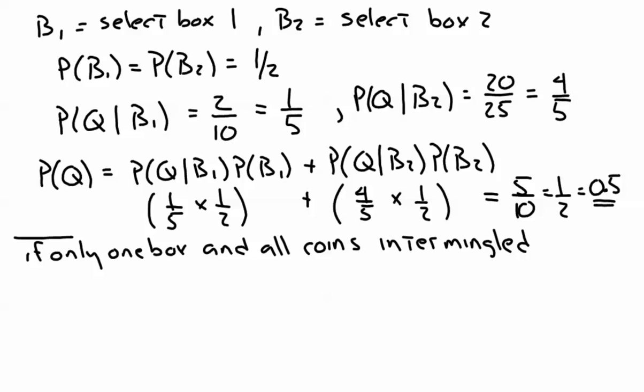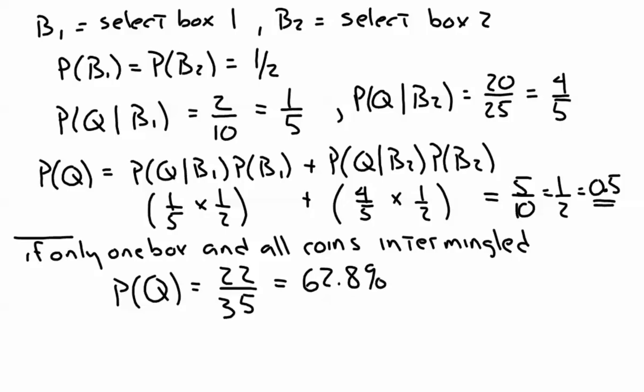Then the probability of randomly selecting a quarter would have been 22 chances out of the 35 total coins. So 22 quarters total in the two boxes out of 35 total coins. And this works out to be 62.8%, 0.628. And that's certainly not equal to a half.